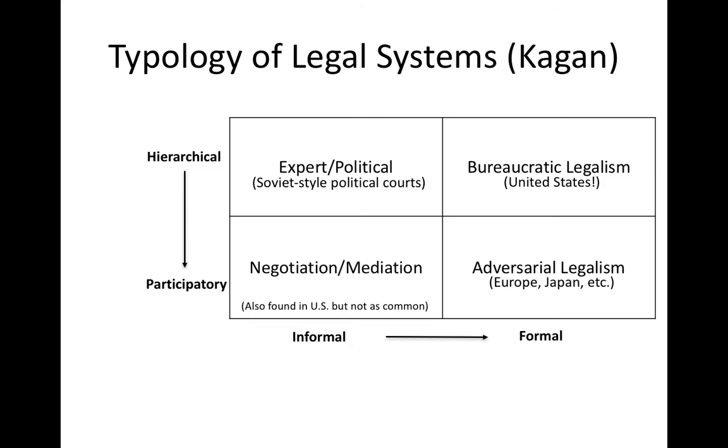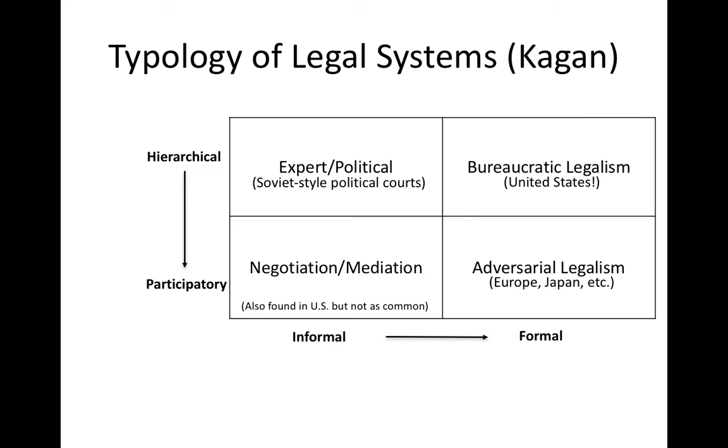So in this case, they are bound by precedent. It's not like a judge can just willy-nilly assign you to punishment in a labor camp for 10 years. Instead, they are bound by precedent, but they are also not dominated by lawyers.